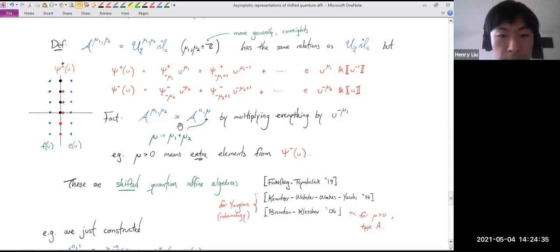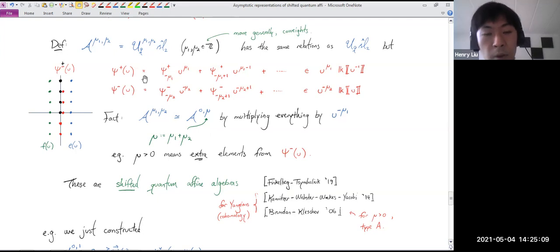And it's fairly straightforward, and also fairly believable at this point, to see that you don't have to specify independently what the shifts of psi plus and psi minus individually are, because you can just shift the entire picture up and down by multiplying psi, e, and f all by some power of u.